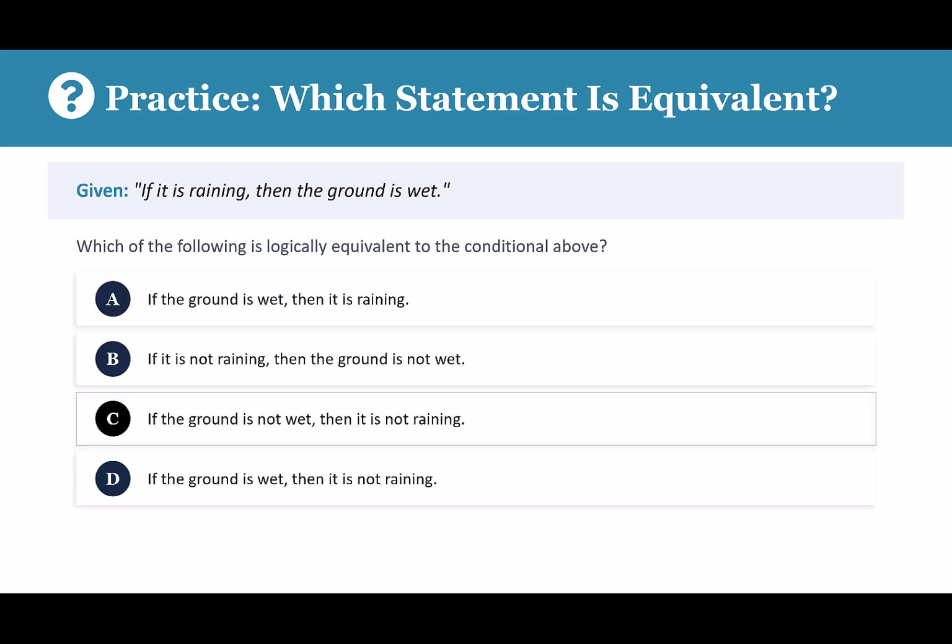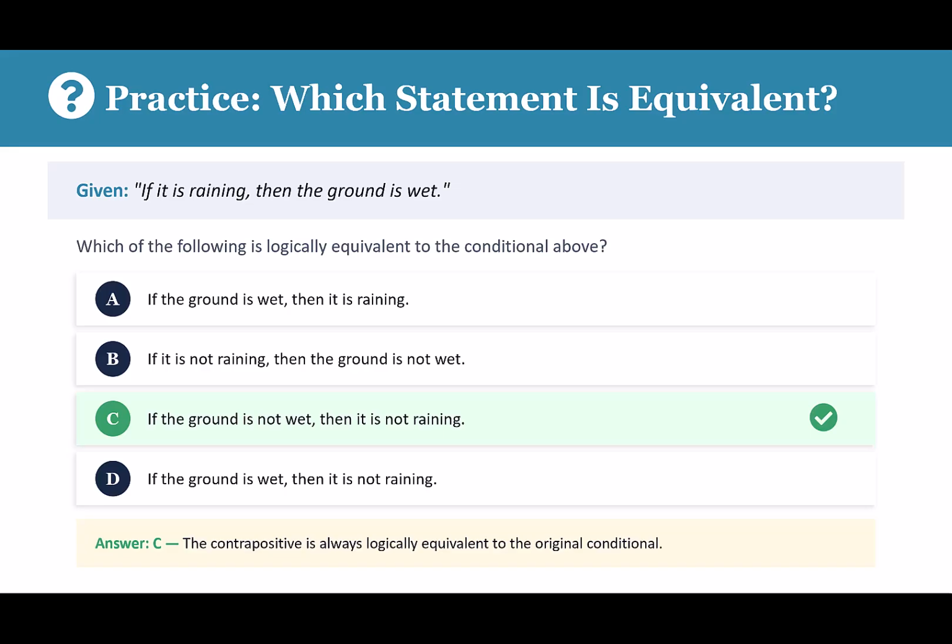If it's not raining, the ground is not wet, that has negations, but it's in the same order. C says the ground is not wet, then it's not raining. That one looks good. I have two negations and my order flipped. The last one says the ground is wet, then it's not raining. I see one negation, but not two. This shows me C is the right answer. The contrapositive is always logically equivalent to the original conditional.